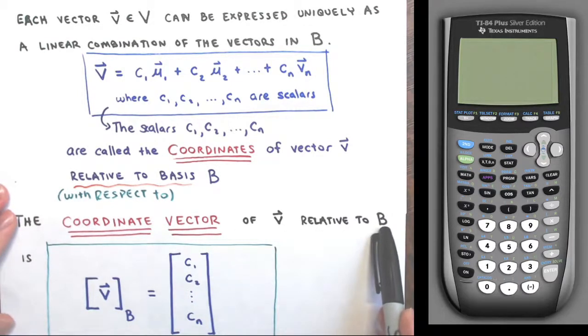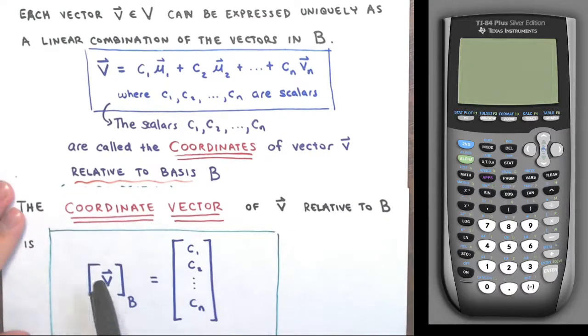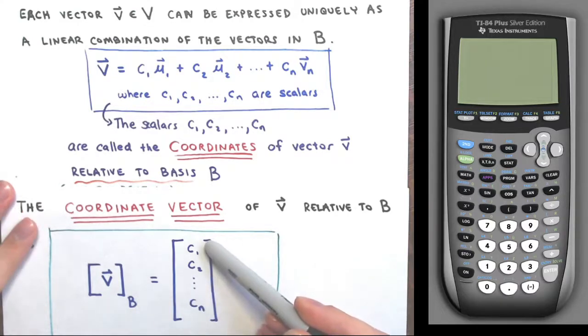The coordinate vector of v relative to basis B is denoted this way. It's like a little matrix symbolism. Little brackets on either side of the vector, then a subscript where this is the basis down here, basis B. So it's the coordinate vector of v with respect to basis B, or relative to basis B, equals, and then you just have a column vector.